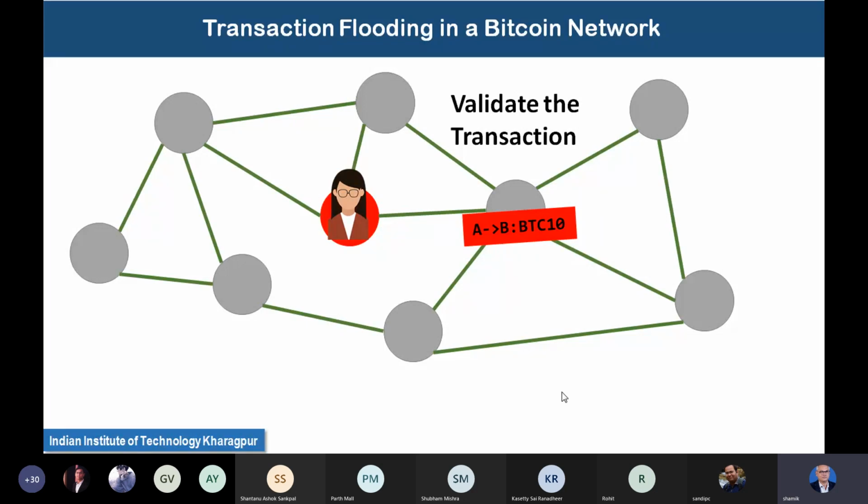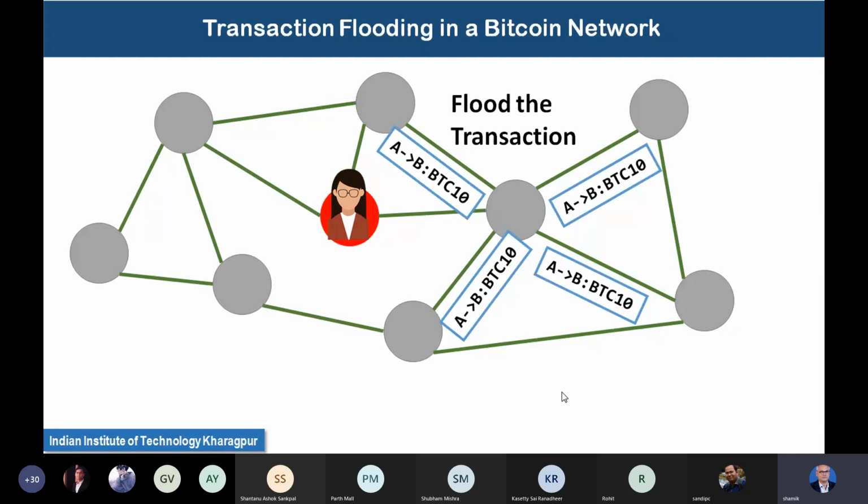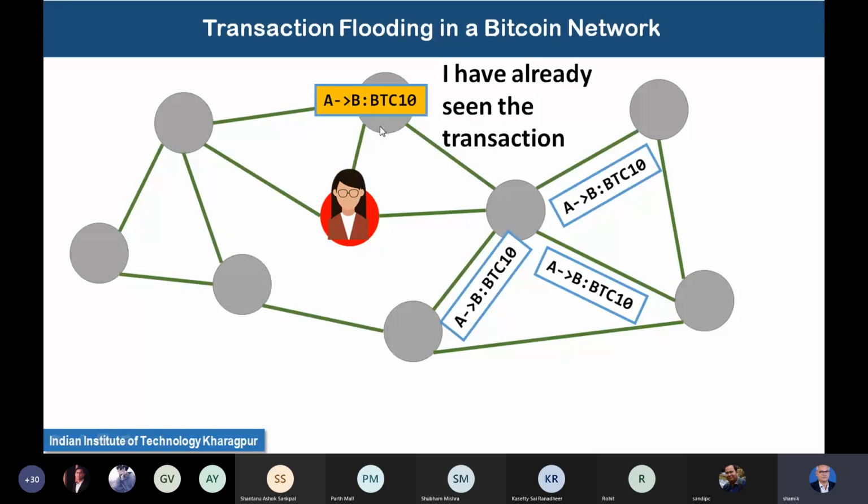So this node validates that the transaction is correct, and once it is validated, then you see that it will send it to its peers. It got it from Alice, did not send it back, but it sent it to all the 4 other peers. And of course this one had already got it previously directly from Alice, so this node knows that it has already seen the transaction.